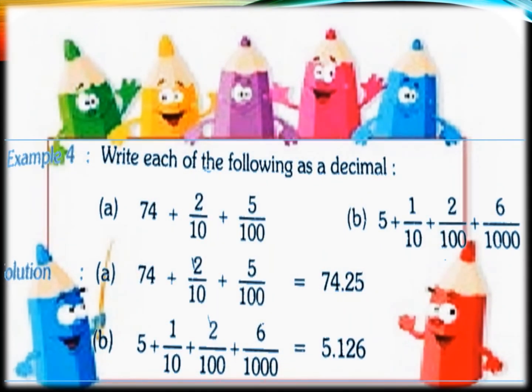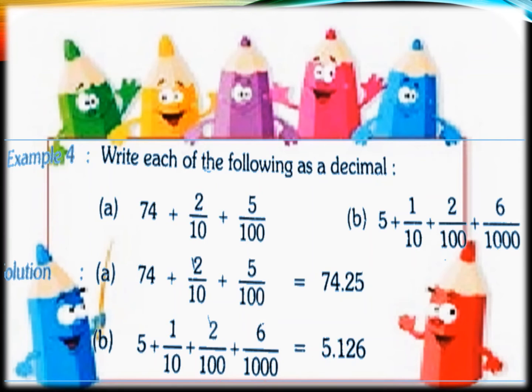Now the next topic in place value system is to write in expanded form, or how we write it in compact form. Let us see how. Example here is 74 plus 2 upon 10 plus 5 upon 100. 74 is the whole number, so we write 74. For 2 tenths we put the decimal, then 2 at the tenths place and 5 at the hundredths place, so we get the compact form 74.25.